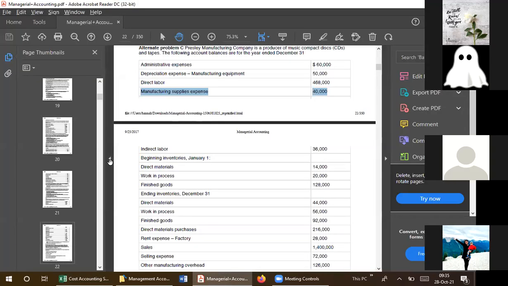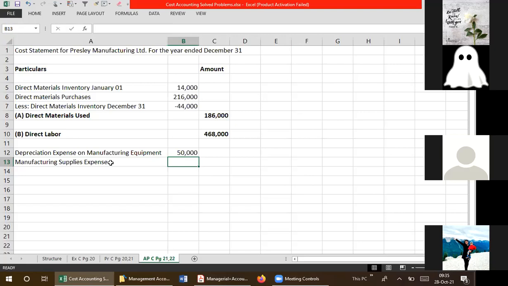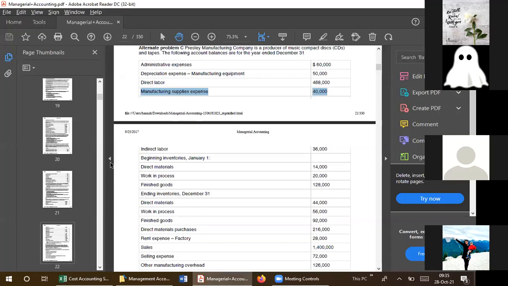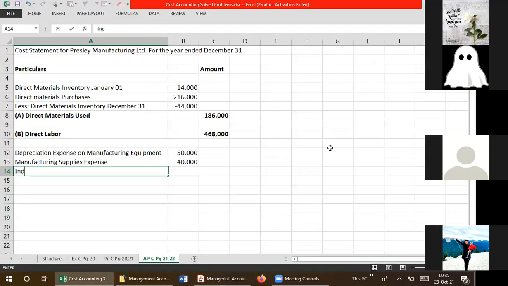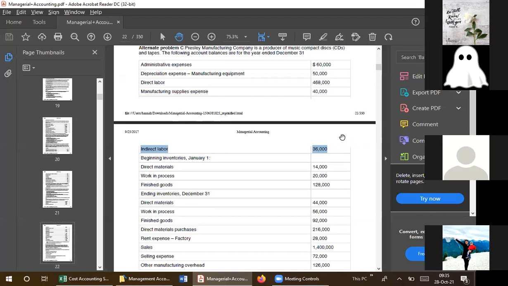Manufacturing supplies expense is 40,000. Next, we have indirect labor. That is also manufacturing overhead, 36,000.